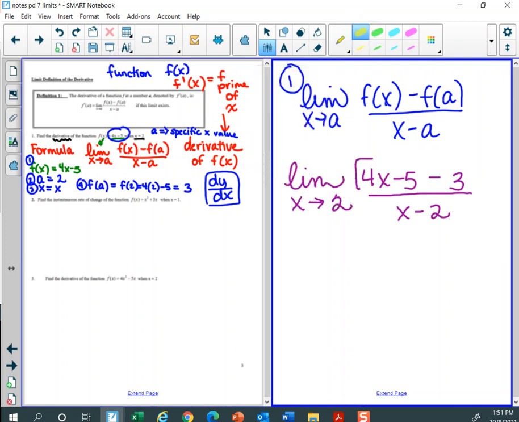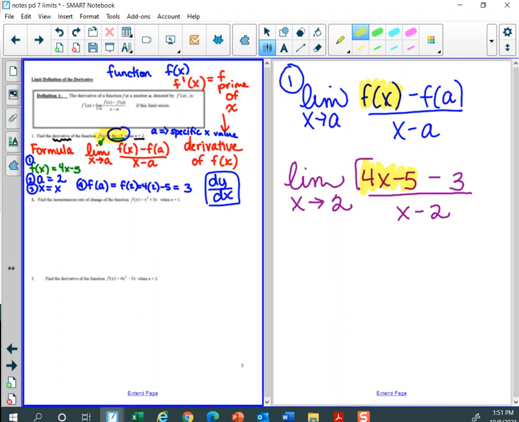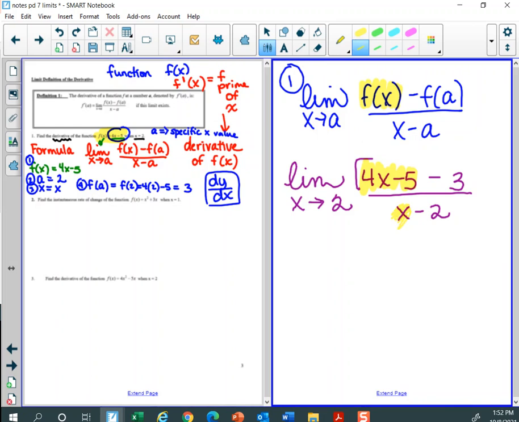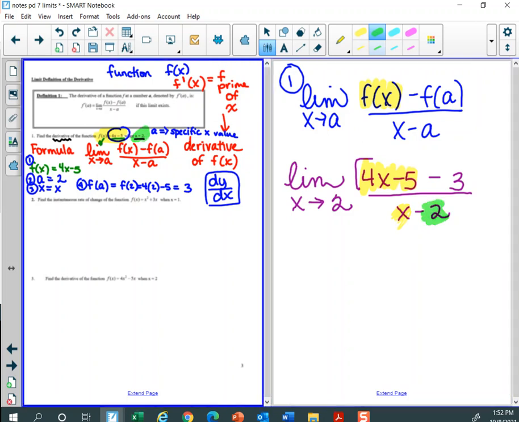If I use my highlighter, that is the f of x part. And I know that because they told me that in the original problem. Okay. The other thing that's easy to find, x is just x. A is the specific value of x.